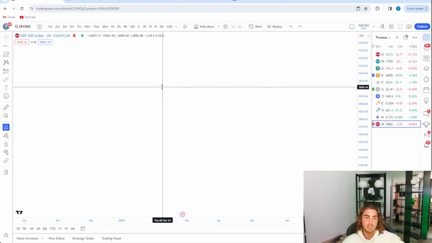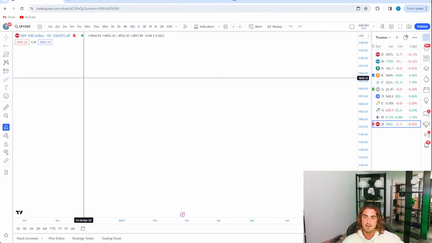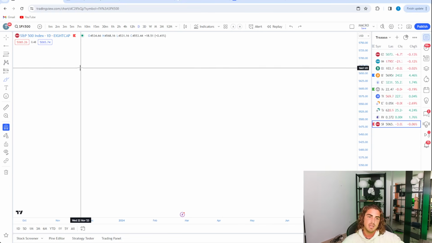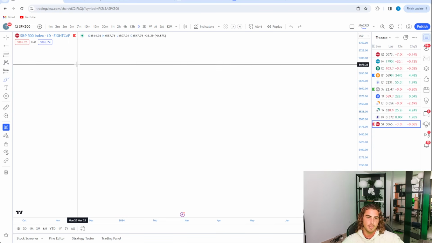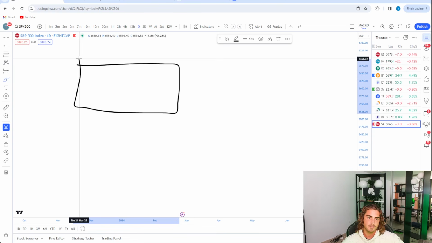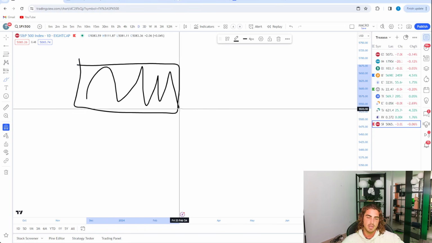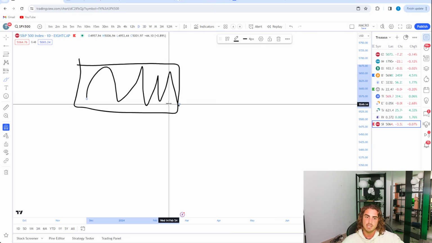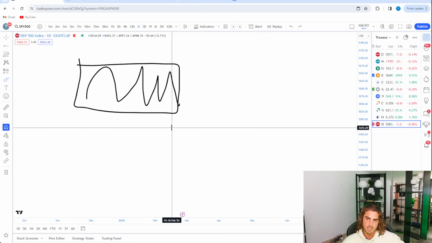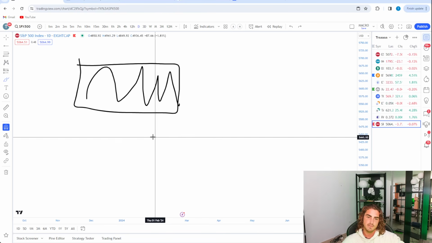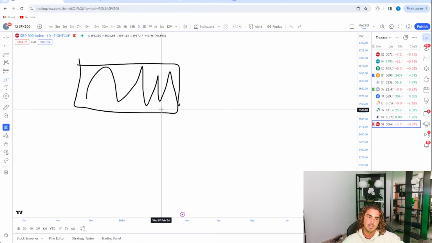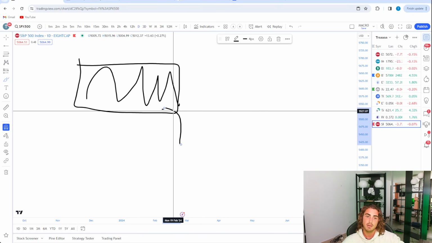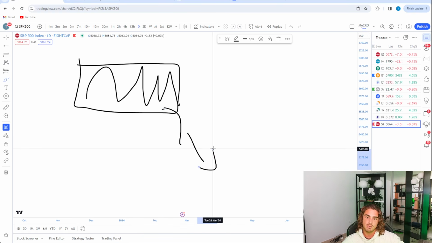why do we want to know where to identify them within the chart? Well, it's safe to say that if this is our little price range, it's a horrible box, where large orders were able to get filled before causing price to move or change direction, it's safe to assume that if price revisits this price range and sees selling power out of it, if it's a bearish order block, then price is going to continue in that direction.